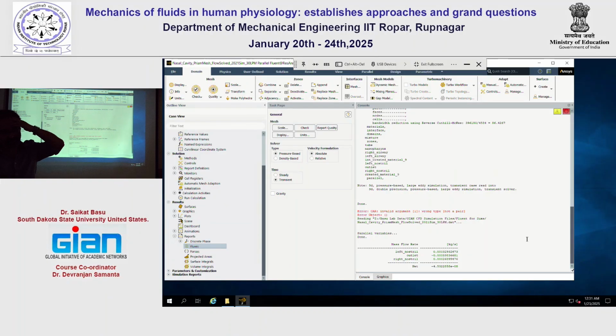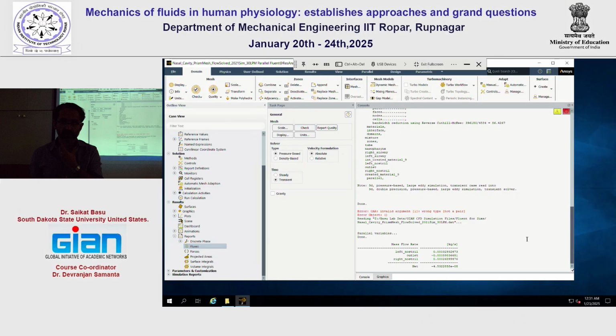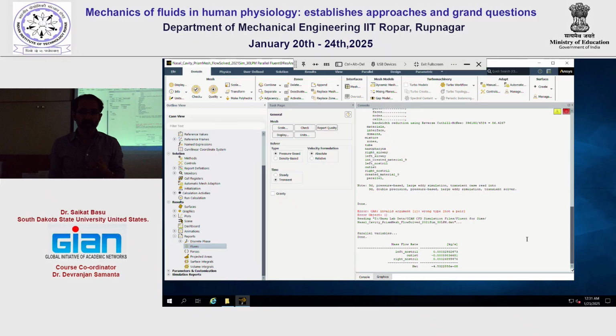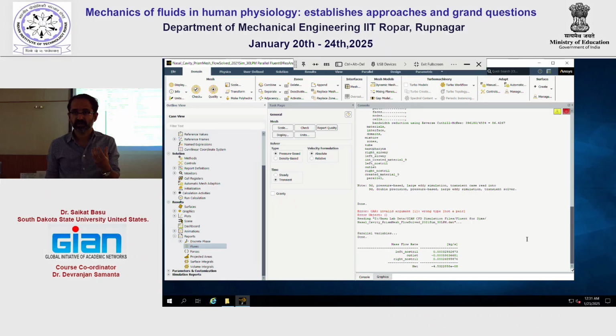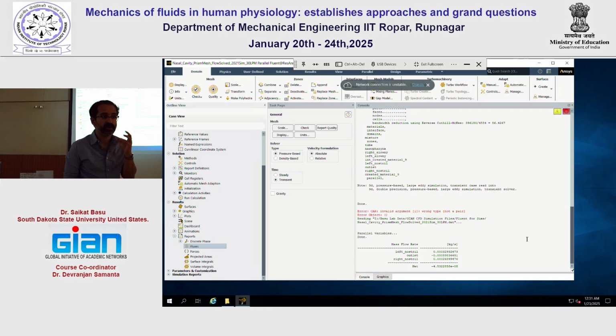The flow is asymmetric. To generate a 30 liters per minute flux through the nasopharyngeal outlet, the two noses contribute differently. Based on the study that you are trying to pursue, that itself is very important information, how asymmetric the two sides of the nose could be.